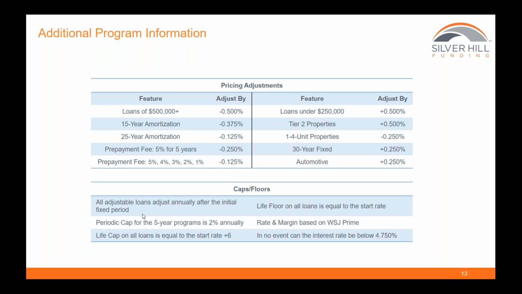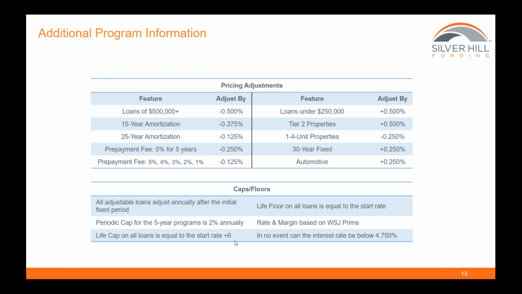Caps and floors, these are for the 5-year ARMs. You have your periodic caps at 2, 1, and 6. The 6% is the life cap on the loan, so we can never go higher than 6% plus the starting rate.